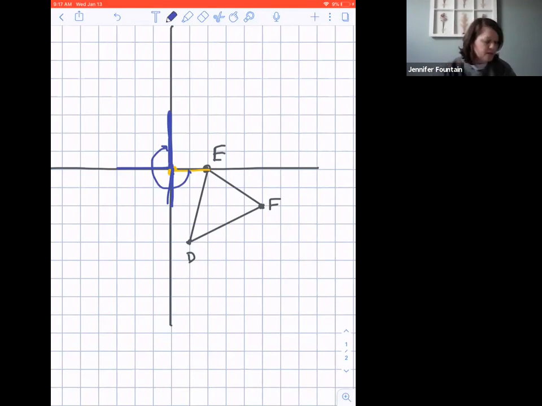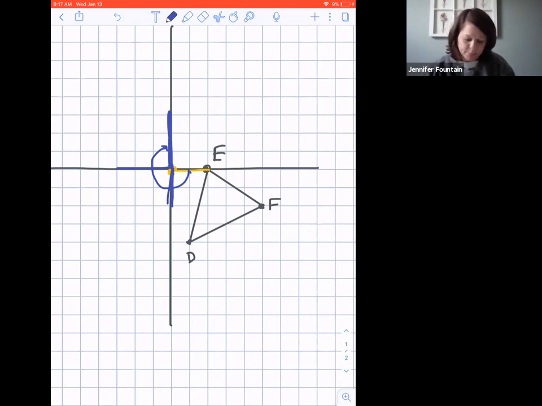Then when E would rotate around, E now, instead of being at 2, 0, no, we started at 0, 2. So when it rotates around, it's actually going to stay in its same place.